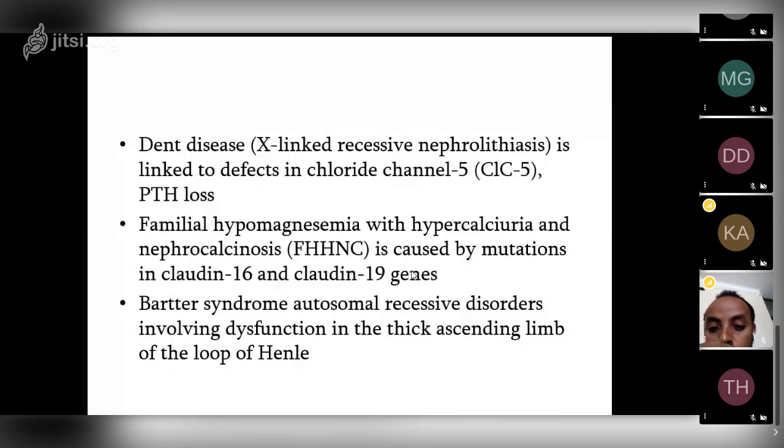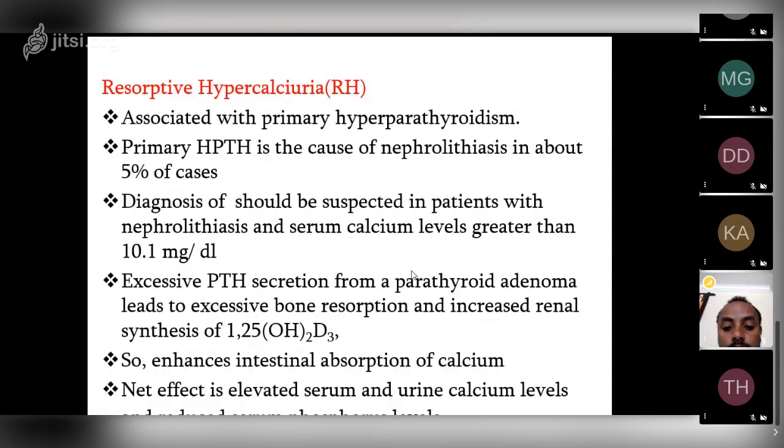These genes are important for the production of proteins for the renal tubules. If there is no production, there is a gap in the renal tubule, so calcium leak or renal hypercalciuria will occur. The other is Bartter syndrome, an autosomal recessive disorder involving dysfunction in the thick ascending loop of Henle. These are other diseases associated with renal leak, which causes renal hypercalciuria.